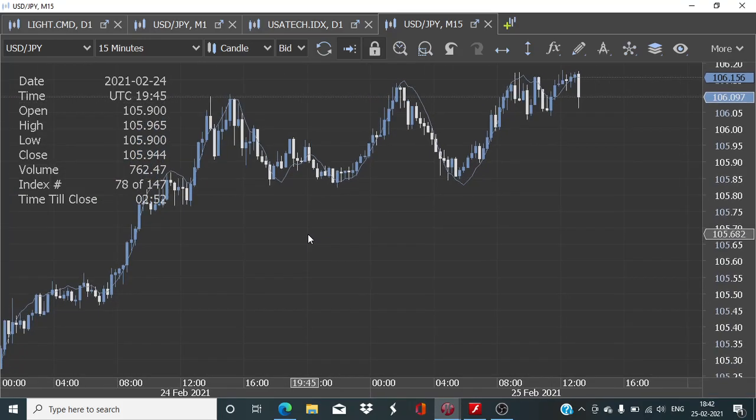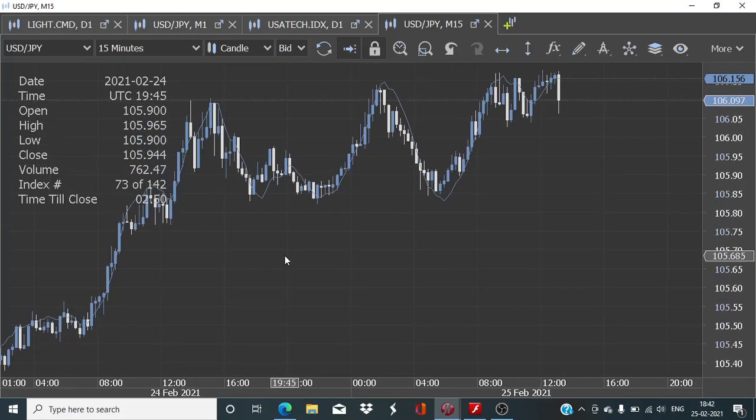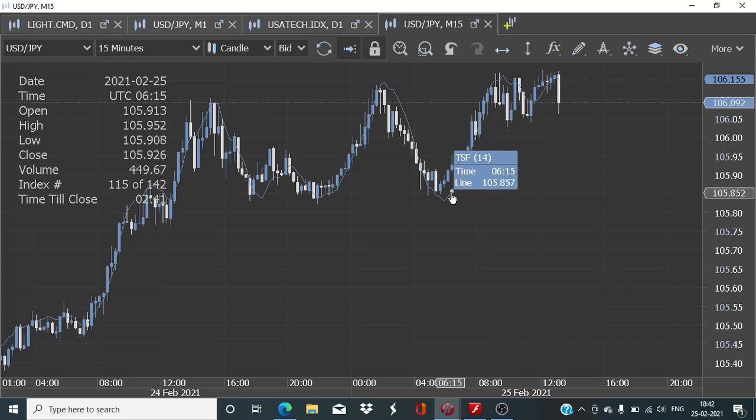In today's session, I will explain a simple algorithm which we can develop using this indicator. So this is the TSF with the time period of 14 plotted on the 15-minute time frame.